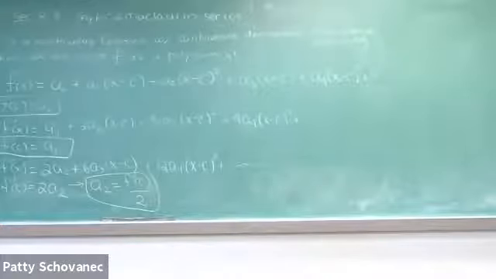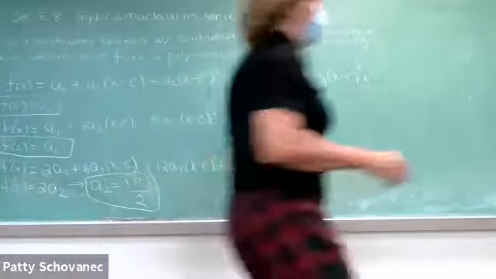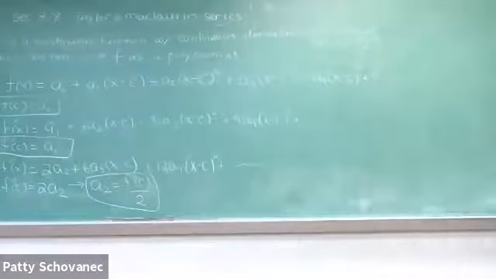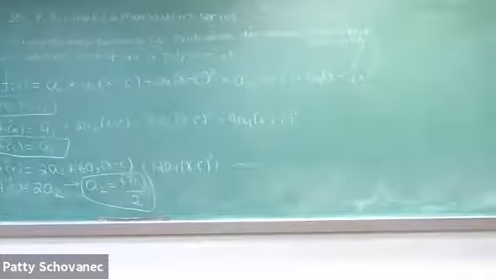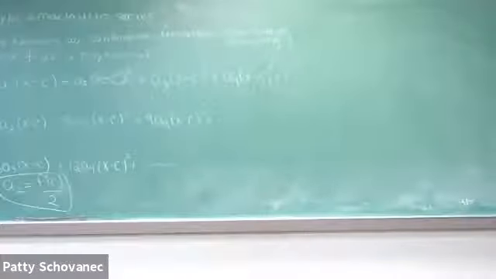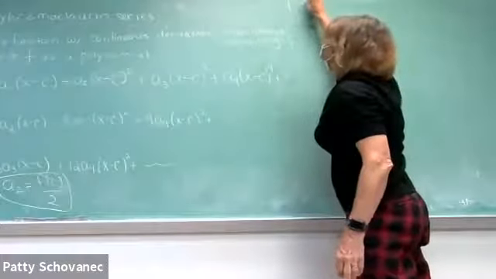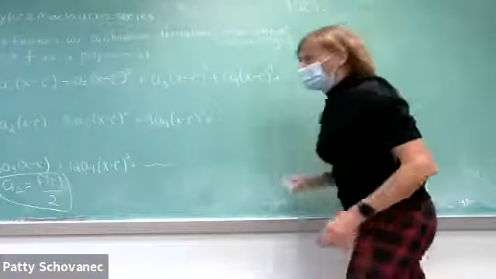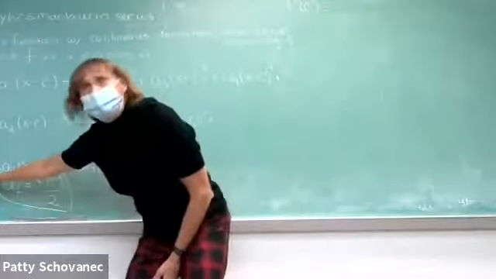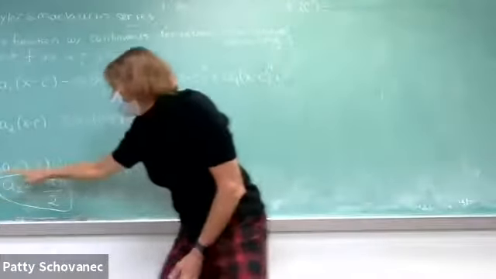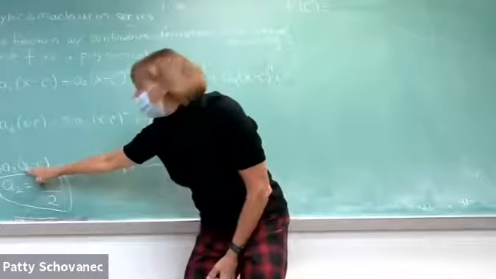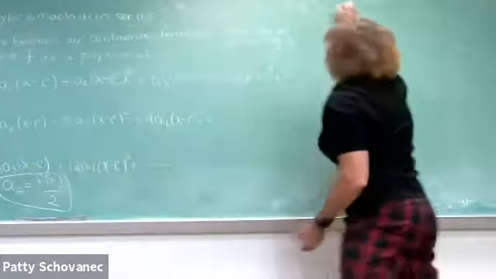I'm going to do a third derivative. So let's take a third derivative from here. My third derivative says, all right, I'm taking the derivative, so that's a constant. Its derivative is 0. The derivative of this x is 1, so it leaves me a 6a3.